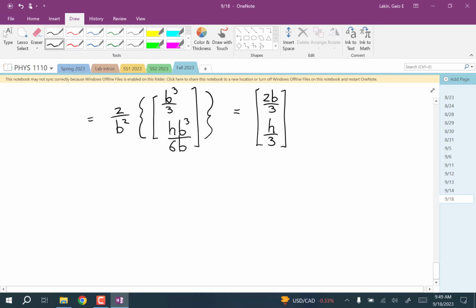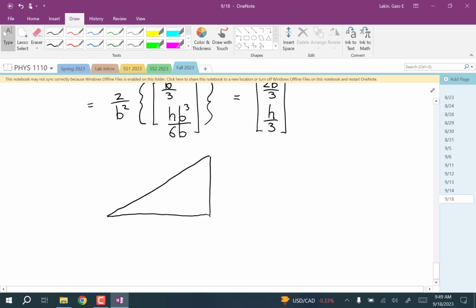Okay, so what does this say? A right triangle, if our centroid is like here, the distance from this end, from the pointy end in the x direction is 2b over 3, which means this is b over 3.